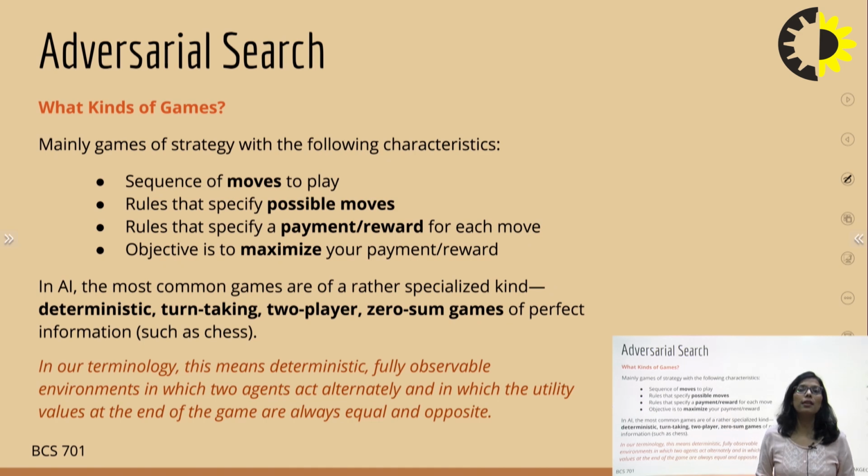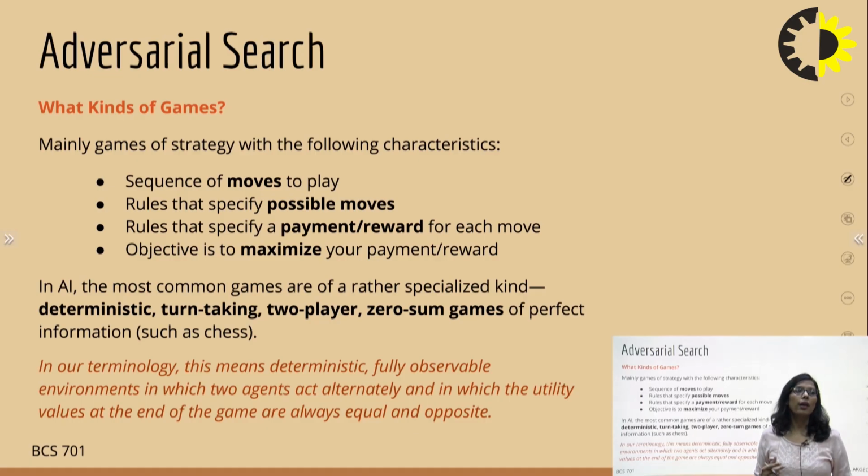So in adversarial search problems, first we have multiple agents. Second, we have a competitive environment, and the objective, or we can say the goal, is to maximize our payment or reward. So we can say such games can be described as deterministic, turn-taking, two-player, zero-sum games.